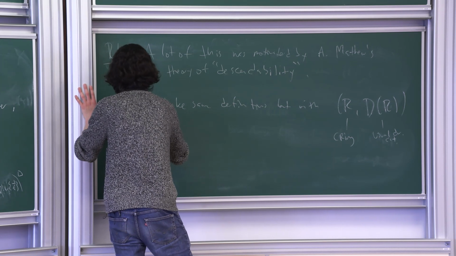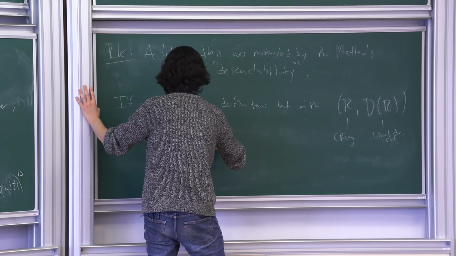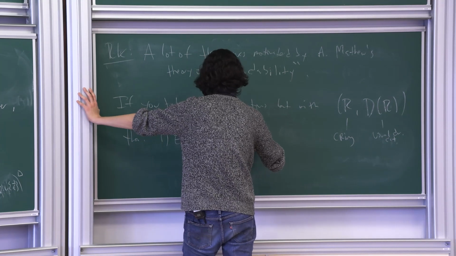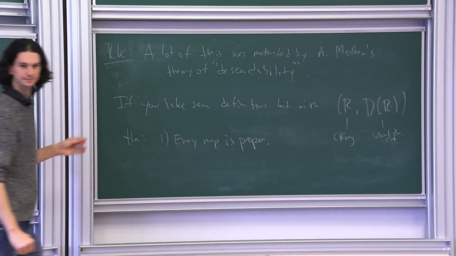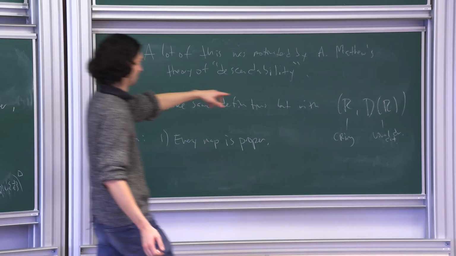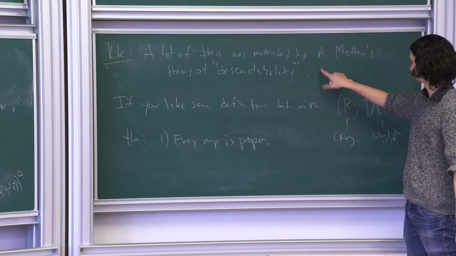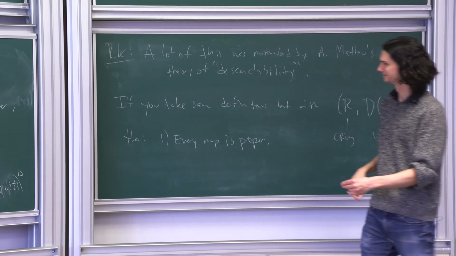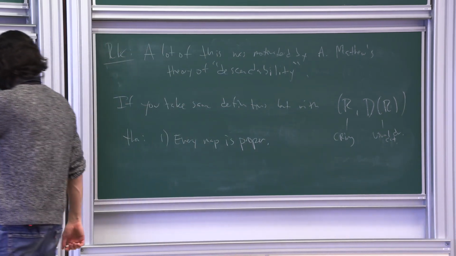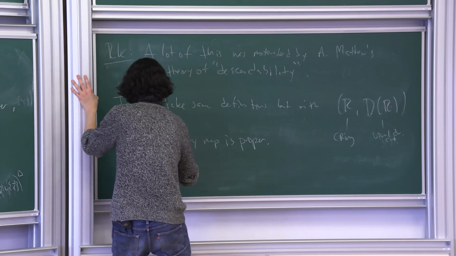Then some simplifications happen. Maybe the main simplification is that every map is proper, because by definition, if you have R mapping to S, then D(S) is just the same as S-modules in D(R). So this implies that every map is shriekable.